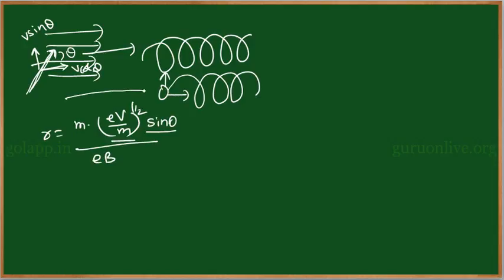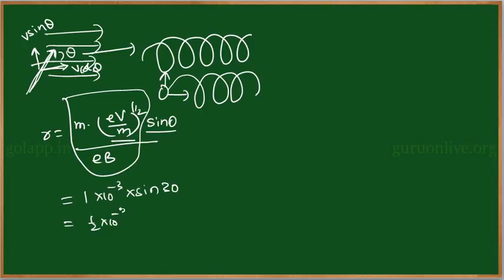We already know the value of this, that is 1 millimeter, or 1 into 10 to the power of minus 3, into sin 30 degrees. That is equal to half into 10 to the power of minus 3, or 0.5 millimeter, which is the radius of this helical path.